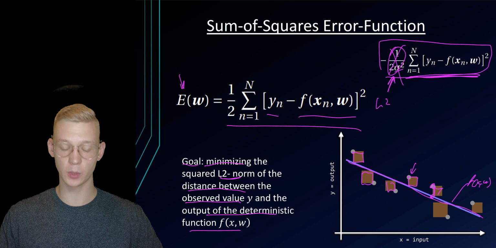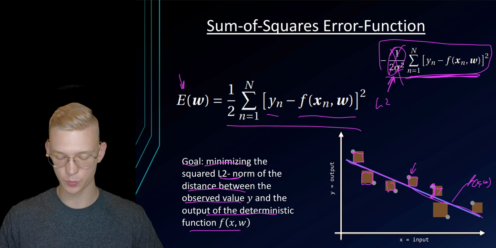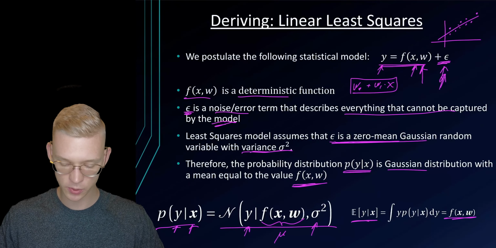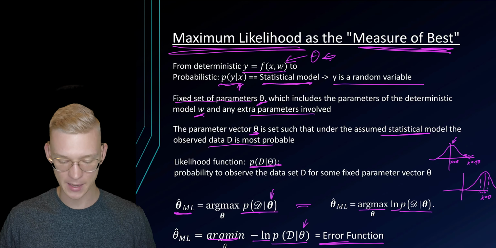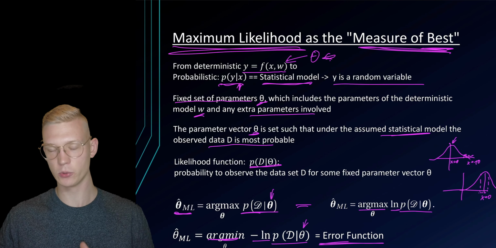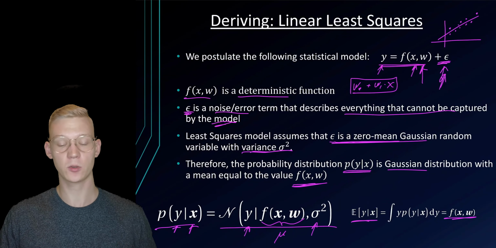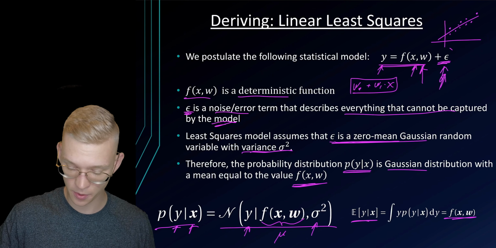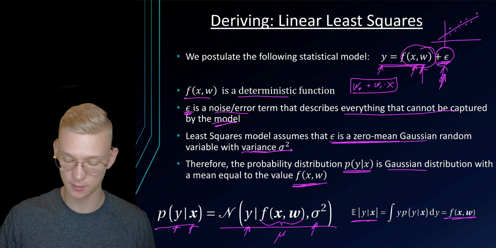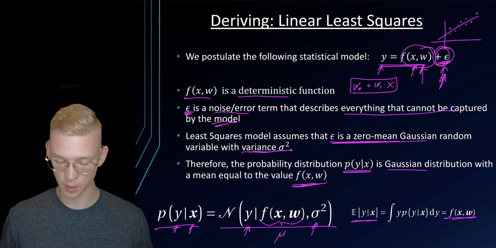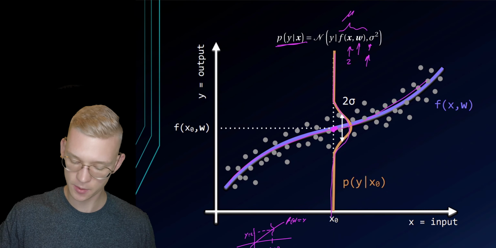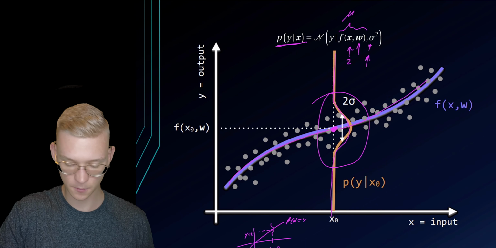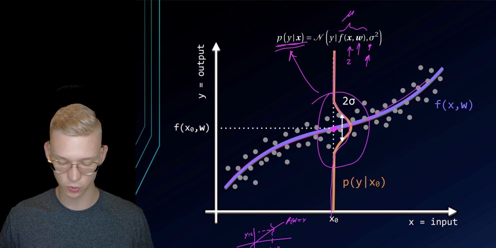In the next video, we'll talk about how we can get those parameters w. I summarize again. We introduced the principle of maximum likelihood, so that the data is the most probable. From that, we proposed a probabilistic function with our deterministic function f of x and w and some noise that has a probability distribution. Then we said that if our noise has a probability distribution, our function is also a probability distribution.